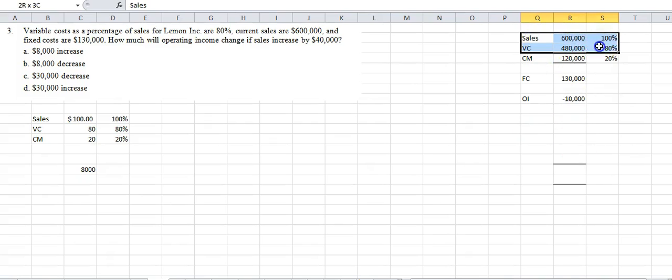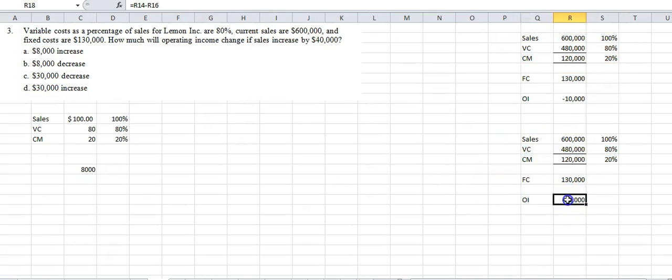Okay, so let's say I copy paste this. Let's paste it here, and you'll see how this is going to become a negative 2. It's going to benefit by $8,000, which means operating income increases by $8,000, right? So if I come over here and I go 640, that means that my variable cost is going to be 512.